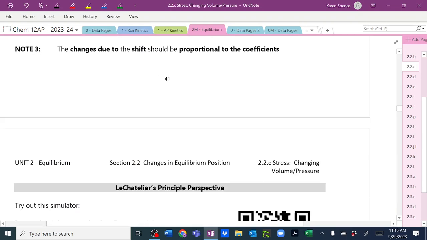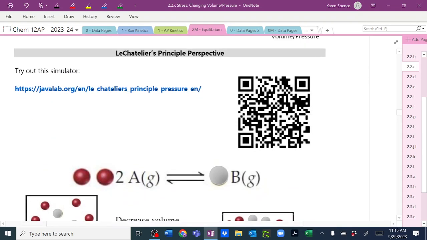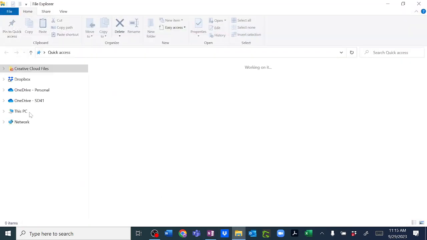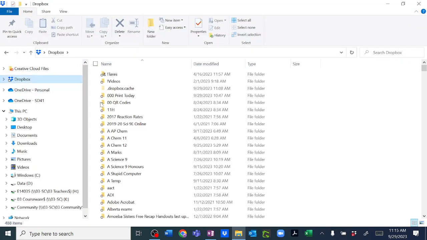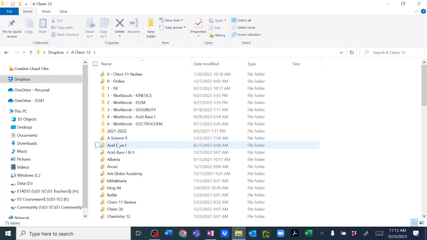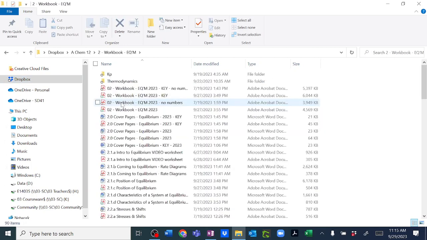Okay. We're going to go to this little simulator here. Oh, I forgot to. Okay, fine. This is 2.2C, Dropbox, Chem 12, equilibrium, 2.2C.